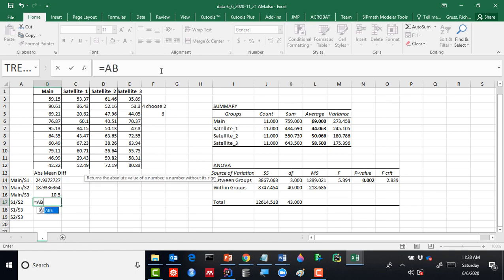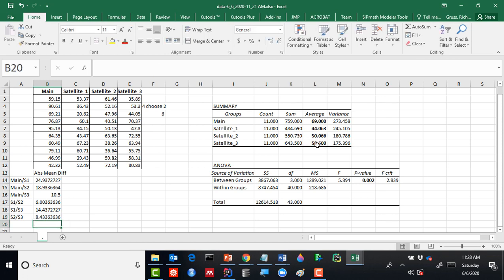Okay, so now we're going to do absolute value of satellite 1 minus satellite 2, and absolute value of satellite 1 minus satellite 3, and absolute value of satellite 2 minus satellite 3.